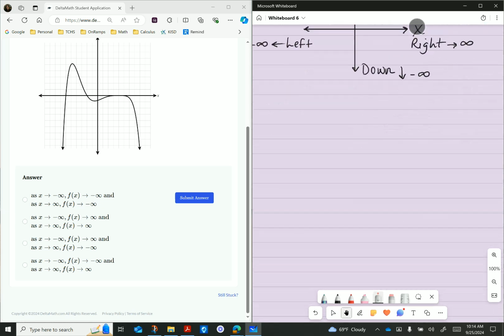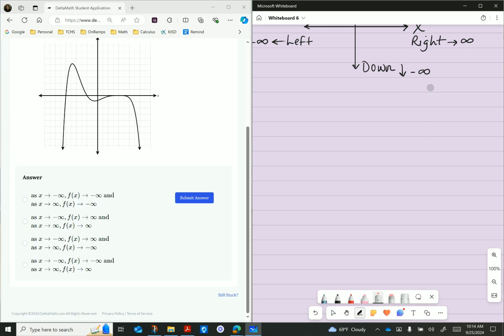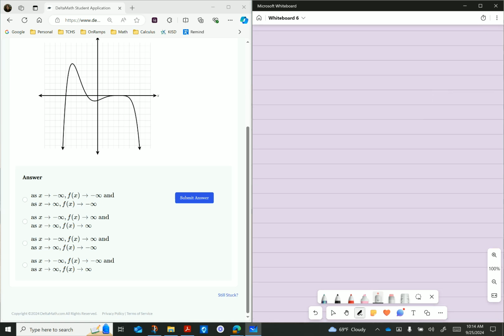So what you're going to do here in this particular problem that you're seeing here on the right, let's do this. I'm going to say it in regular words, okay? So I'm going to say describing the one on the left. So I'm describing this one right here, the one I'm kind of highlighting here. So I'm looking at the left end.